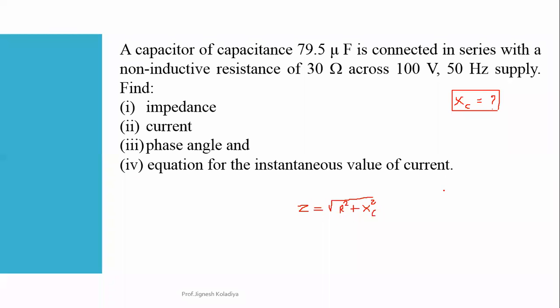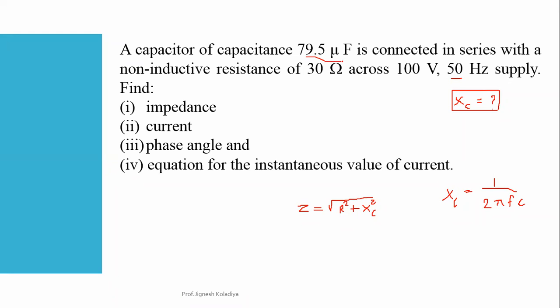Okay, so here you have to use this equation: Xc is equal to 1 upon 2 pi Fc, right? So F is given as 50 hertz, and the capacitor is 79.5 microfarad.